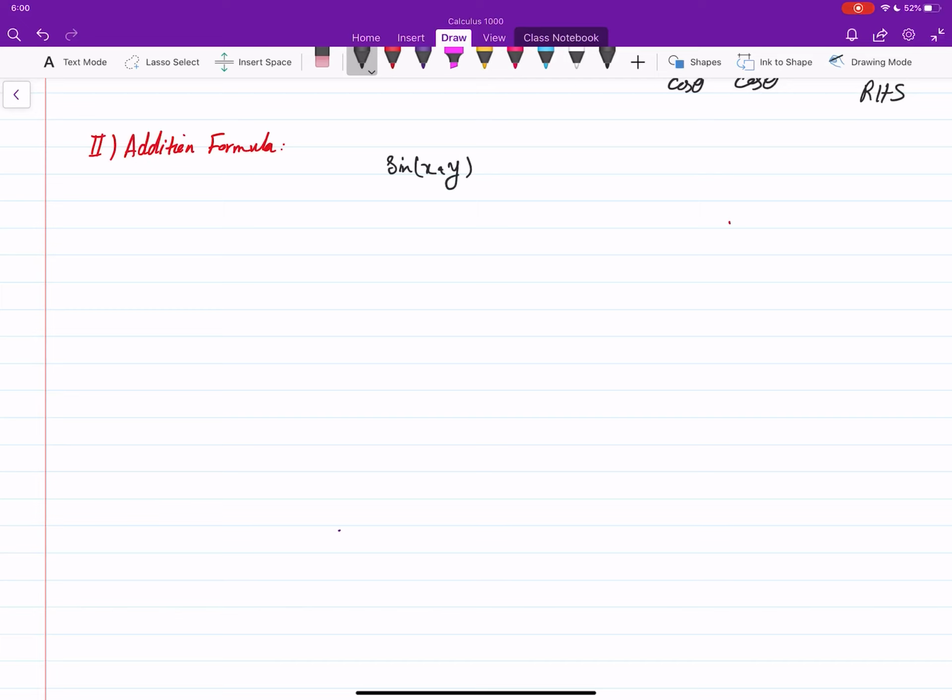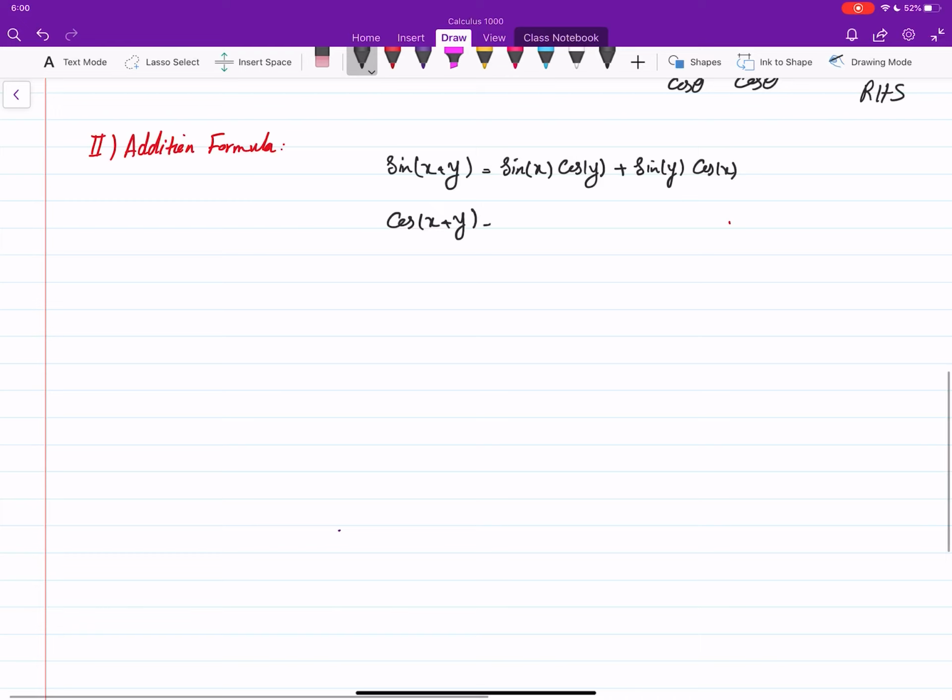So if you have sine of x plus y, this can be proven to be equal to sine x cosine y plus sine y cosine x. So in other words, sine of x plus y, we can write in terms of sine and cosine of x and y.